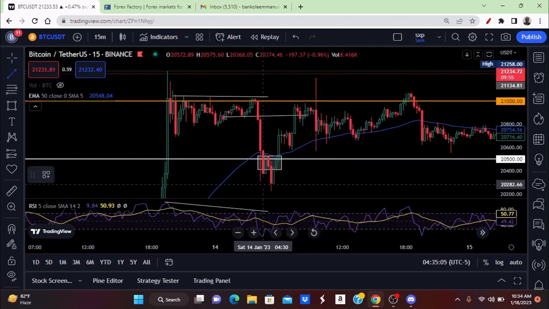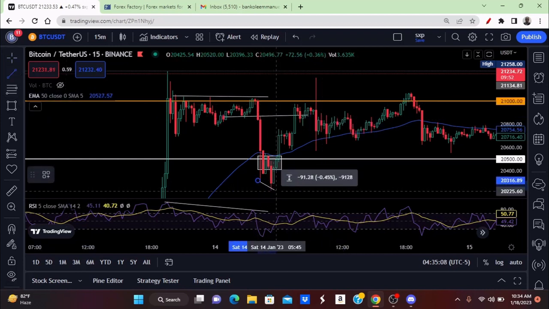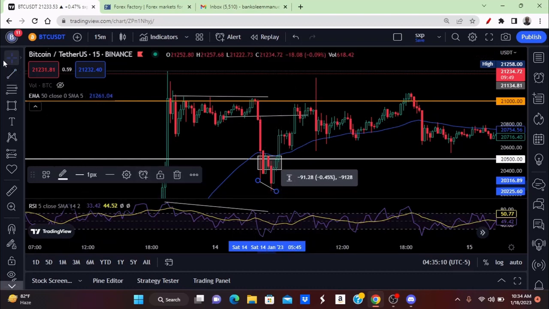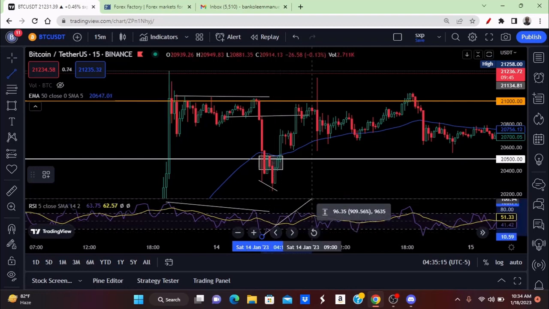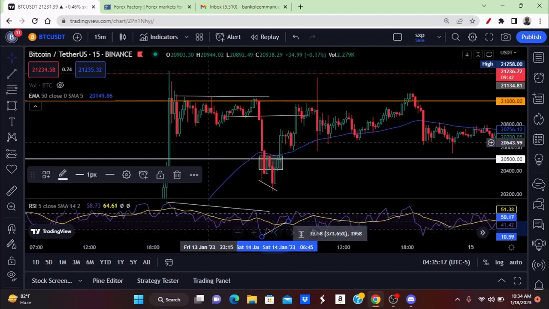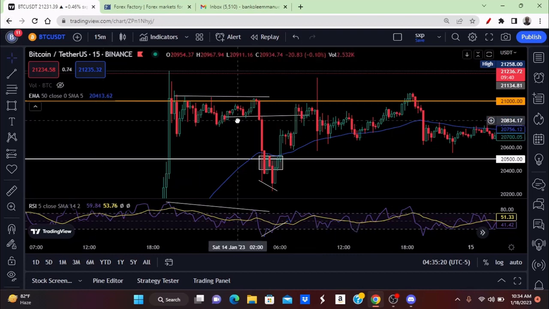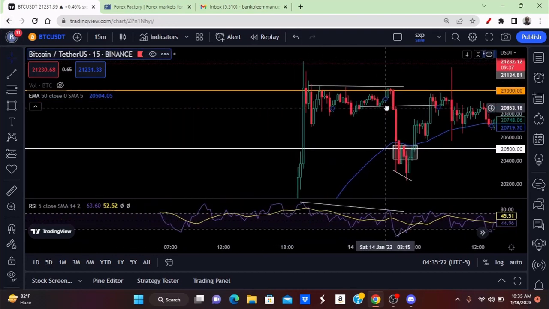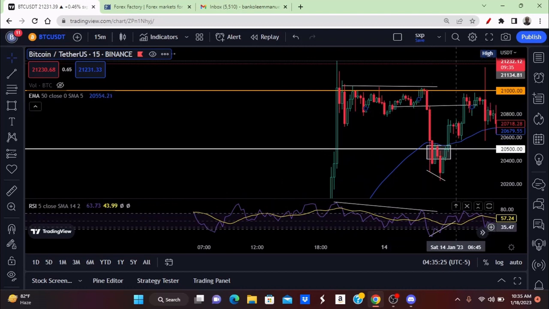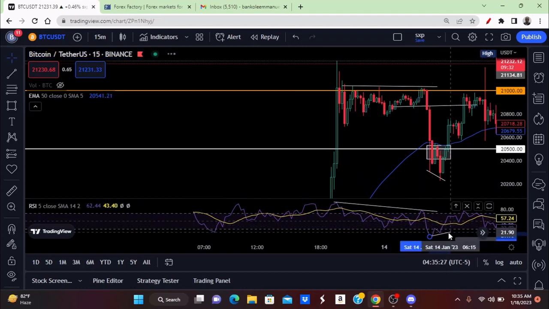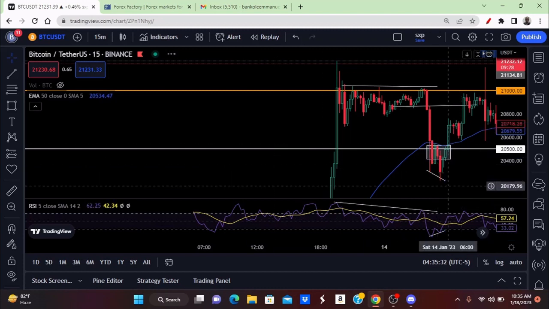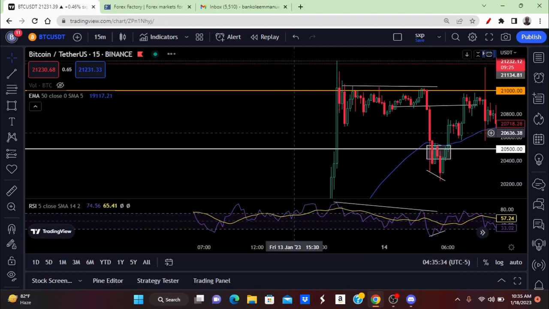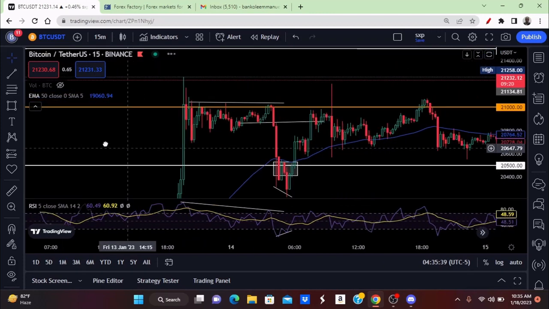And if you look at this point, there's also a divergence here on the lower time frame. You can see this. The price was going lower, the RSI was diverging higher there. Here it is. So you can see the divergence here. Though price was going lower, the RSI was showing us a lower high.